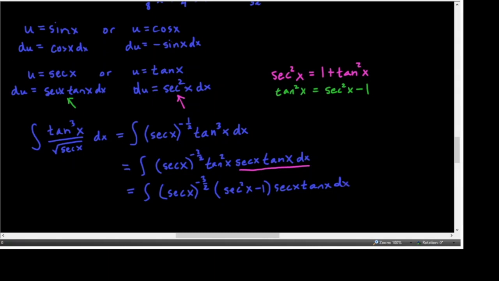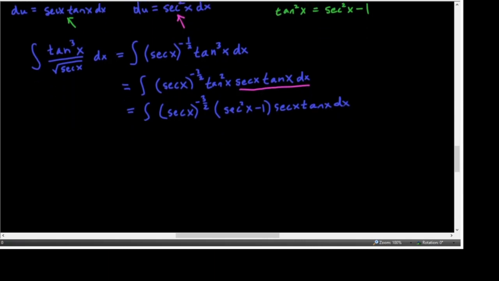Okay, now let's rewrite the whole thing in terms of u. So this is u to the negative 3/2 times u squared minus 1, and the secant x tangent x dx is underlined above in pink. That's my du.